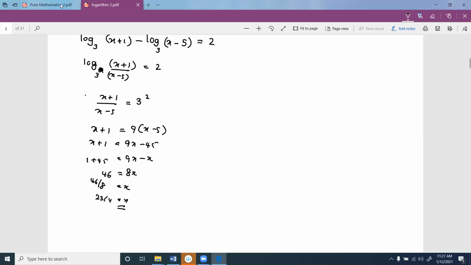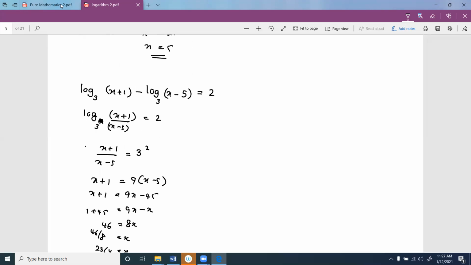Right. Let's go to another question and try to understand. If you have a question like this, log 2 of 2x plus 1 equals log 2 of x plus 1 plus 1.